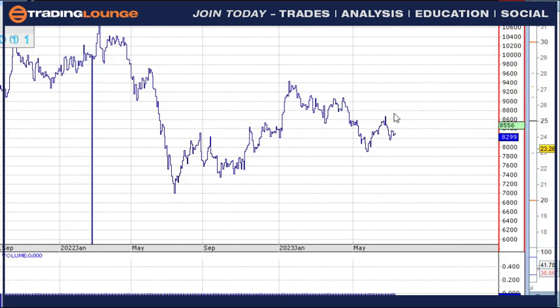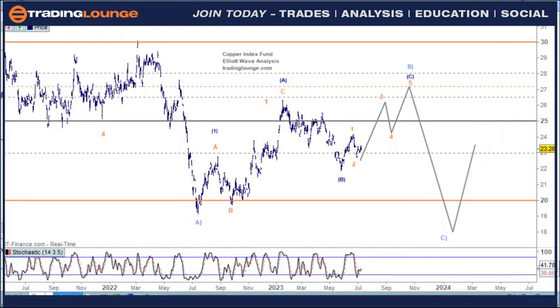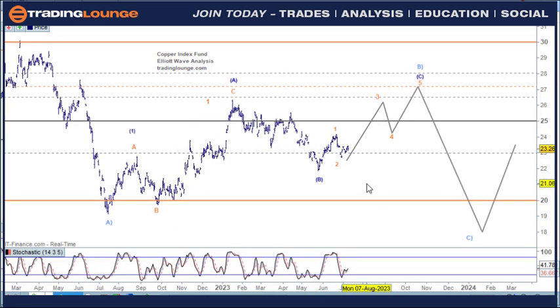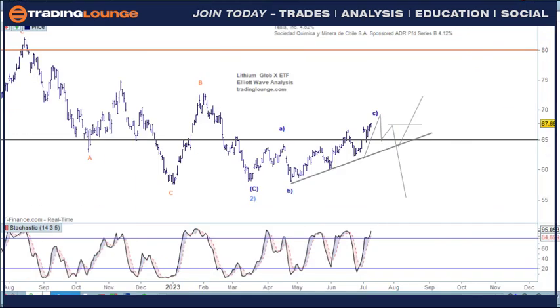So I think we've got that run to the upside here. So that's what we're looking at here with this copper index fund, and the futures market with the high grade copper for the US will be much the same as well. So I won't go there at the moment, but we will have a closer look at that tomorrow.